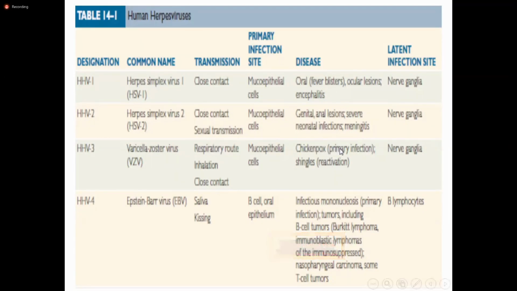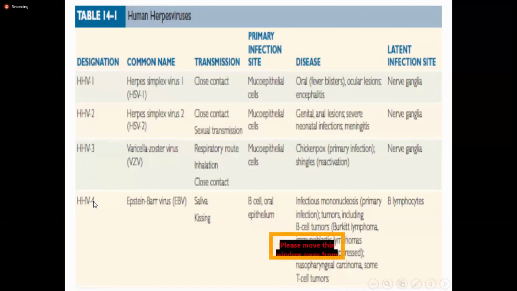It causes chickenpox as the primary infection, especially in children. Then it will stay latent in the nerve ganglia. If the immune system is suppressed, the patient will have shingles, which is zoster. We will see pictures for it in a moment.